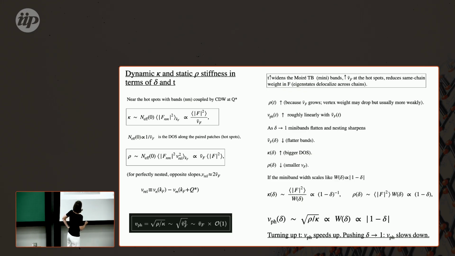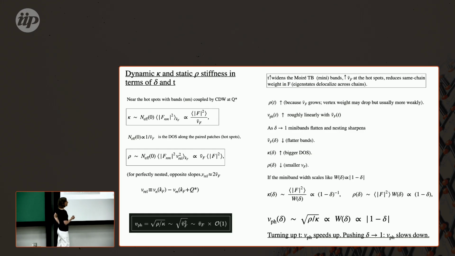So rho, the static stiffness, increases because the Fermi velocity grows, and the phason velocity as a consequence of that is going to increase linearly with the Fermi velocity as T, the interlayer coupling, increases.